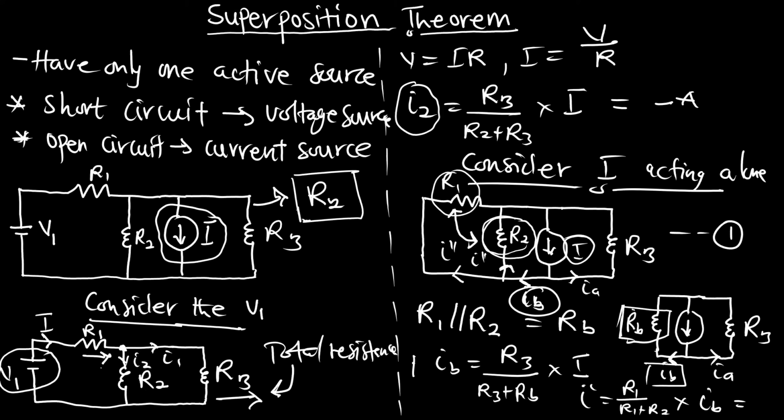Your I2 current is moving downwards through the R2. So the current we got is going to move downwards. Now, when you consider the current source acting alone, which is the I, what you are going to see is that the current passing through the R2 is also moving upwards. That is our I prime. It is moving upwards. So our current we are getting here, something amperes, is upwards.